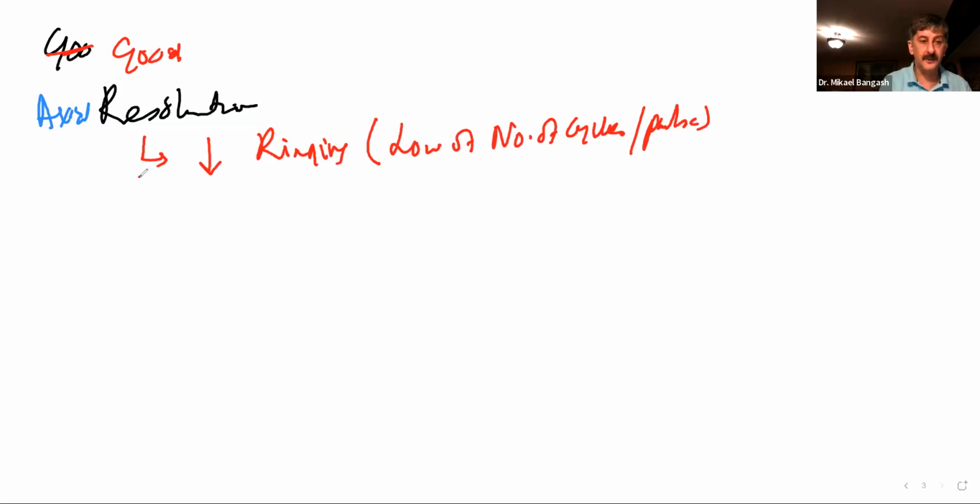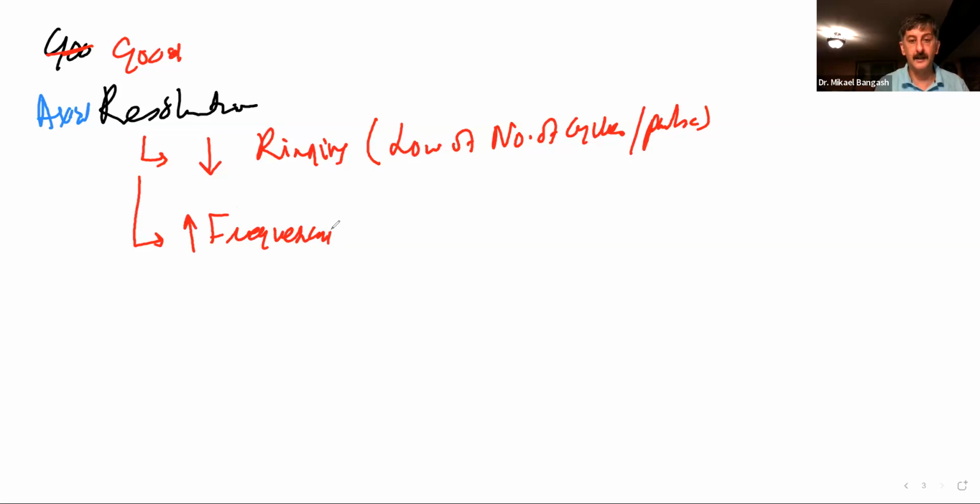The other thing that we needed for good axial resolution, as your book mentioned, is a high frequency. Did that make sense?